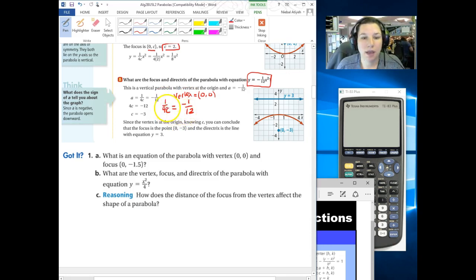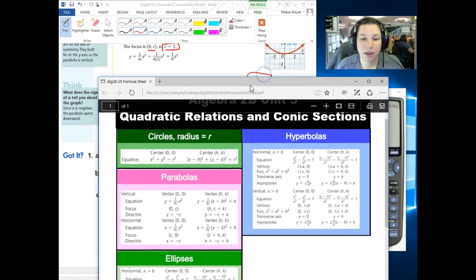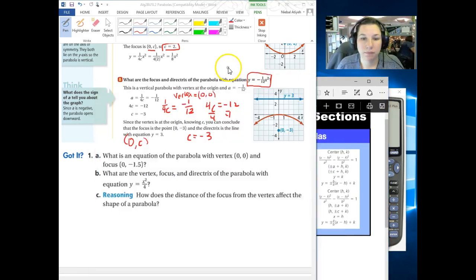If you just invert both of these fractions, so if 1 over 4c equals negative 1 over 12, then 4c equals negative 12. Divide both sides by 4, so you get c is negative 3. That would mean that the focus is at, looking at our formula sheet for a vertical parabola, our focus is at 0, c.